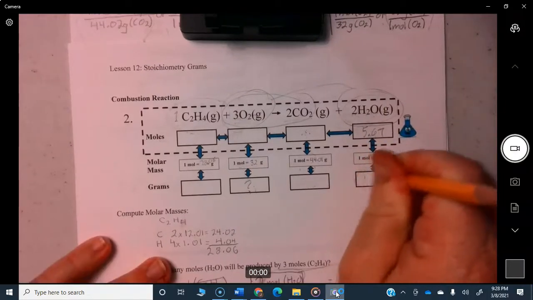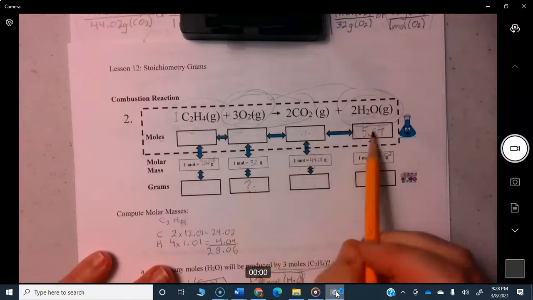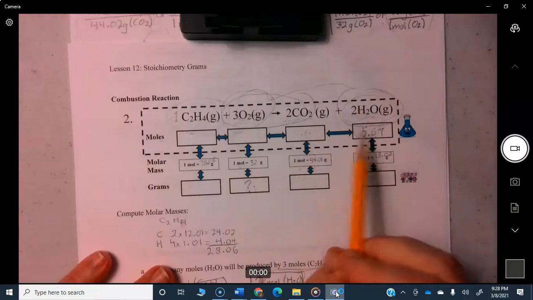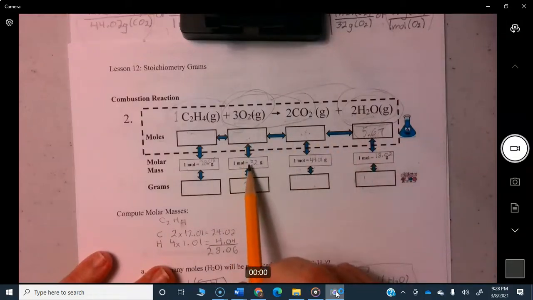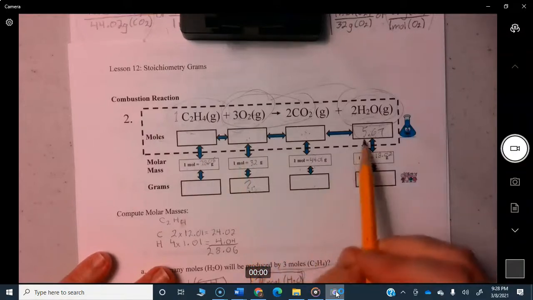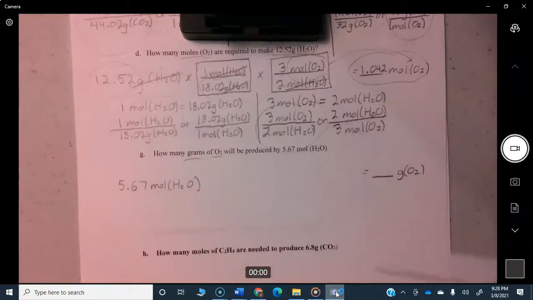Okay, so we're starting here. We need to get here, so the way you get there is from moles of H2O to moles of O2. And then from moles of O2 out using the molar mass conversion to get to grams of O2. So it's a 2 conversion process. 1, 2. All right, so let's go ahead and write that out.